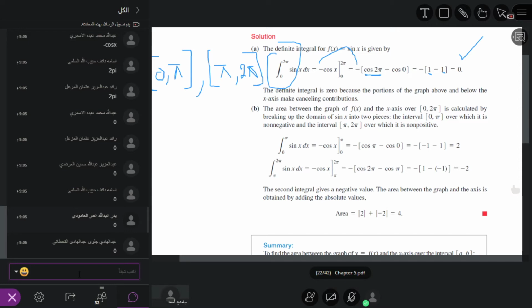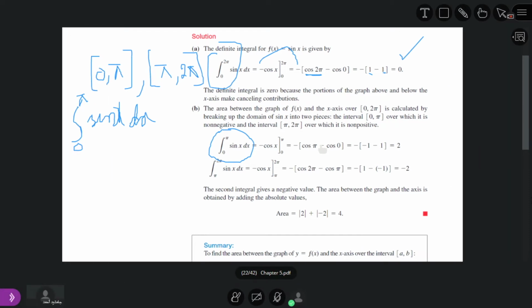Over the first sub interval, we have to evaluate the integral from 0 to pi of sine x. What is the antiderivative of sine x? It is equal to minus cosine x, from 0 to pi.